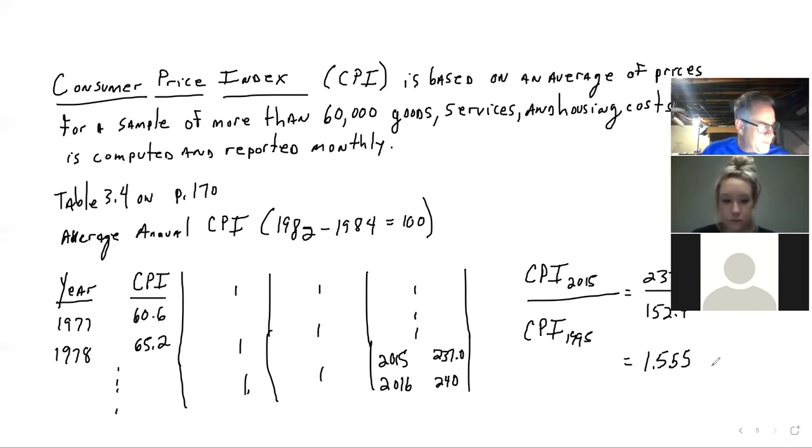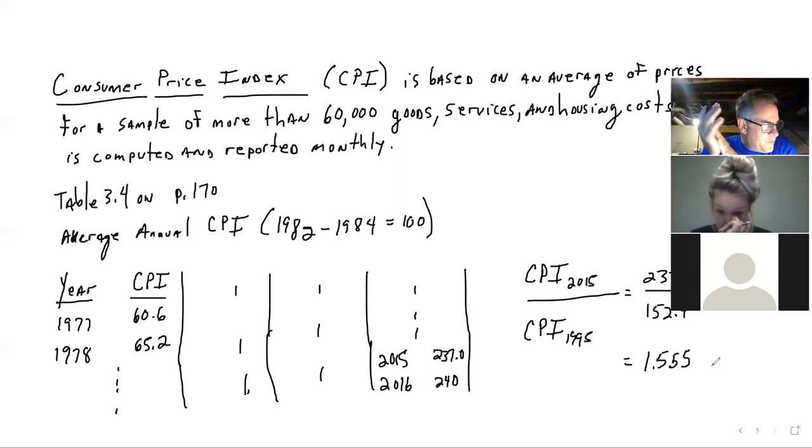Now, what's that mean? Goods, services, housing, typical prices in 2015 were 1.555 times higher than they were in 1995. That's what that number tells you, and I could figure that up to compare any 2 years.